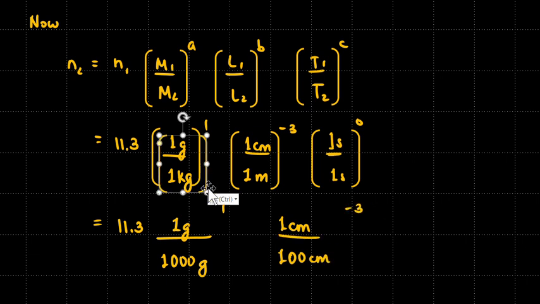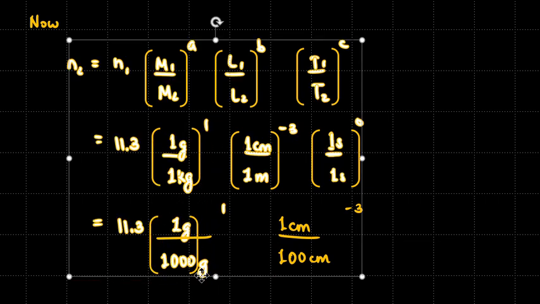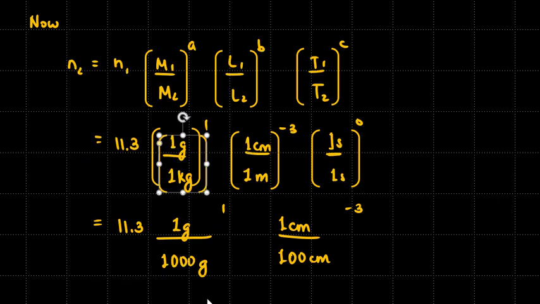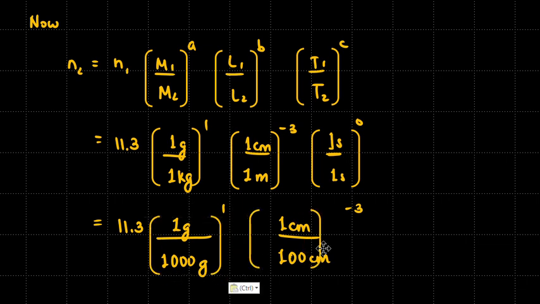Let us add the brackets. Since the last term is raised to the power of 0, it will just be 1, so no need to write that. So now the units cancel out.